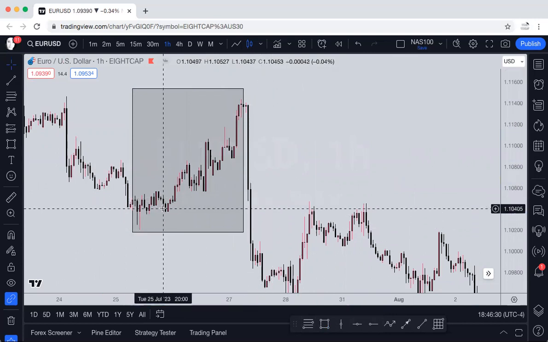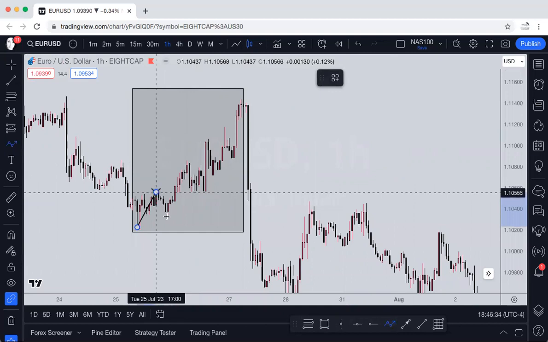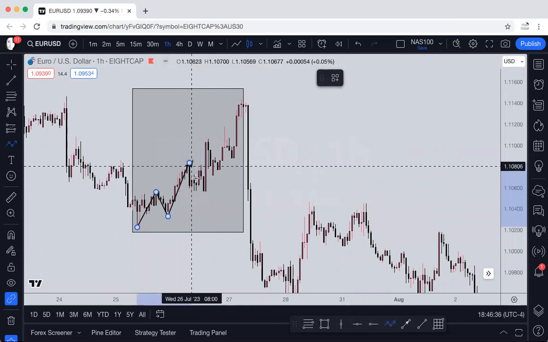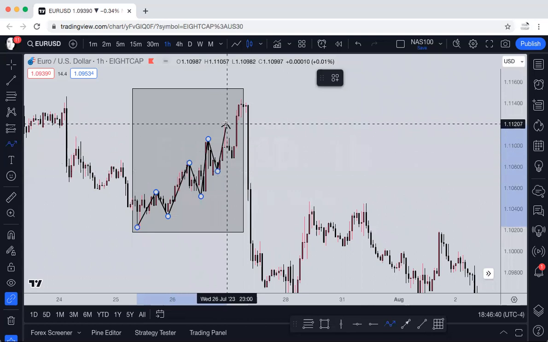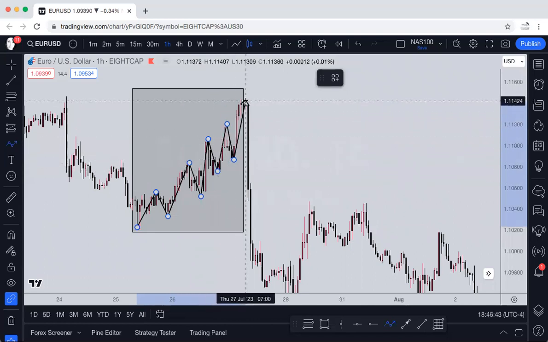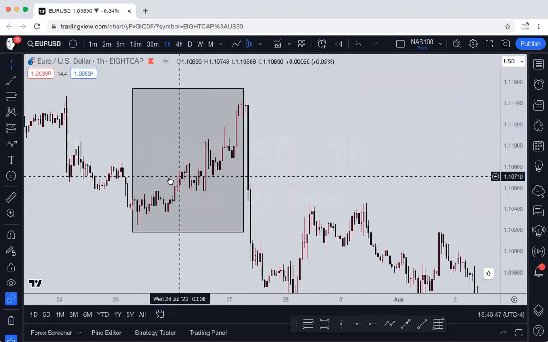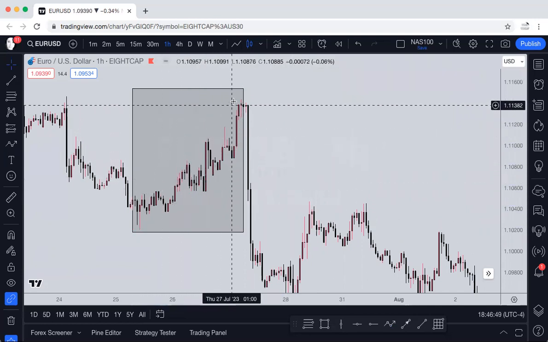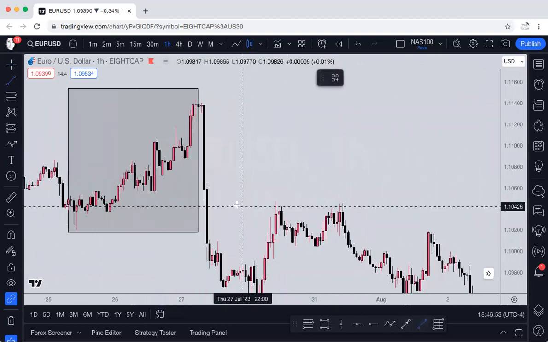You were creating, this is a low, higher low, higher high, higher low, higher high. Okay, higher low, higher high, higher low, higher high. Okay, wanted to map that out for you. Price is continuing to push up. And then you had this happen.